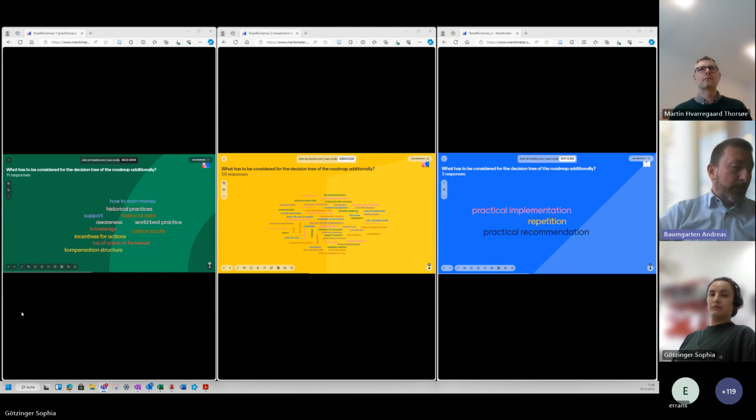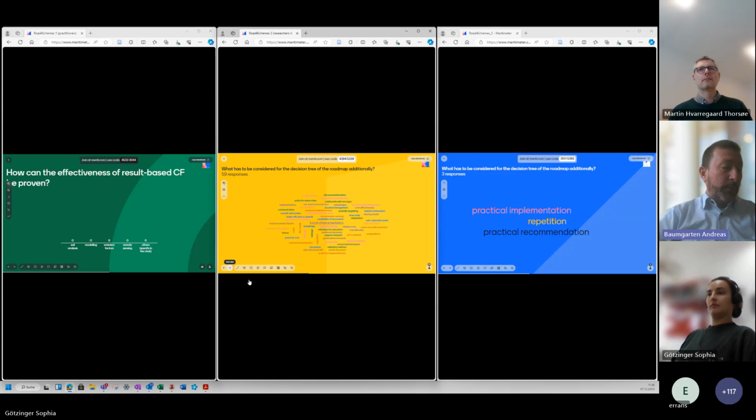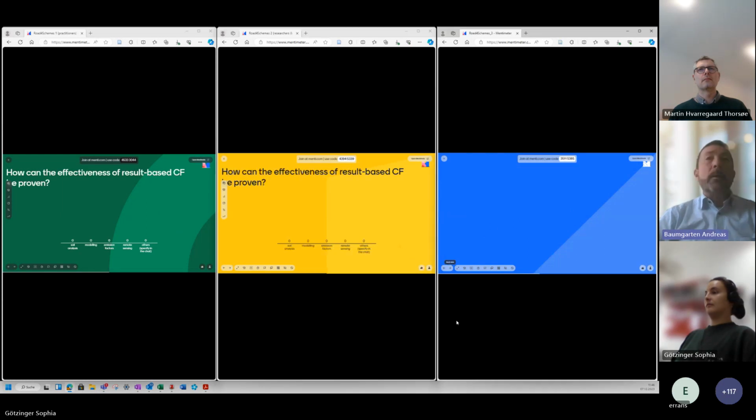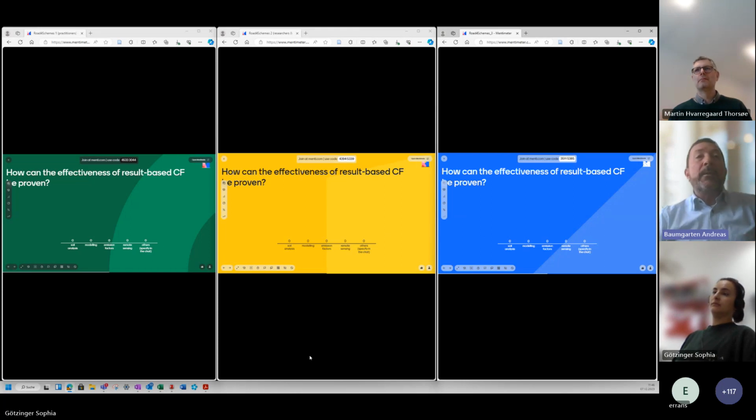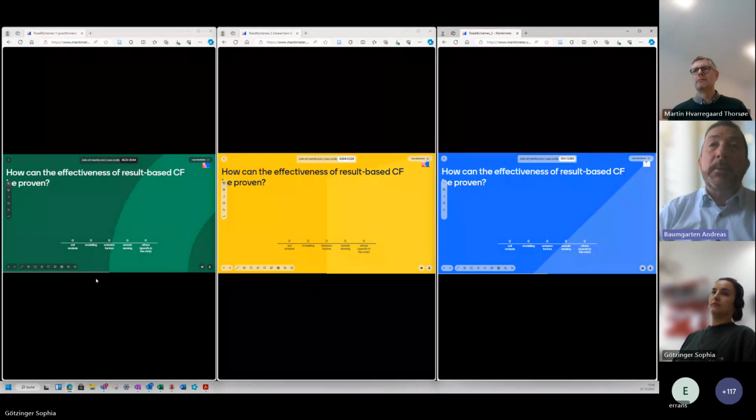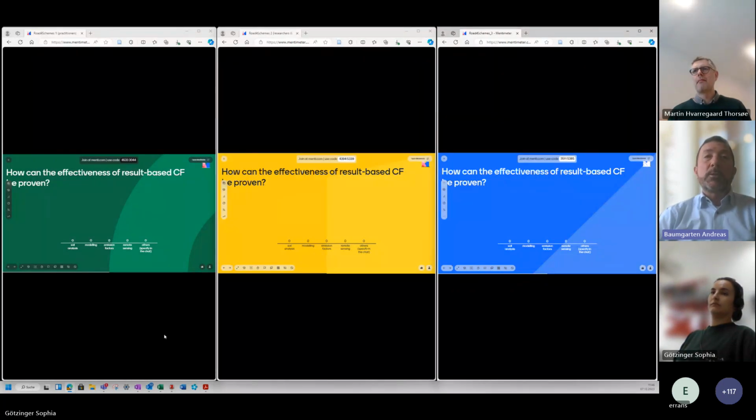So thanks a lot, and now to relax a little bit, we stop having these word cloud answers in the first place, and we will give you a choice, because we would like to know how the effectiveness of a result-based carbon farming system can be proven best to your mind. So is it by means of soil analysis?